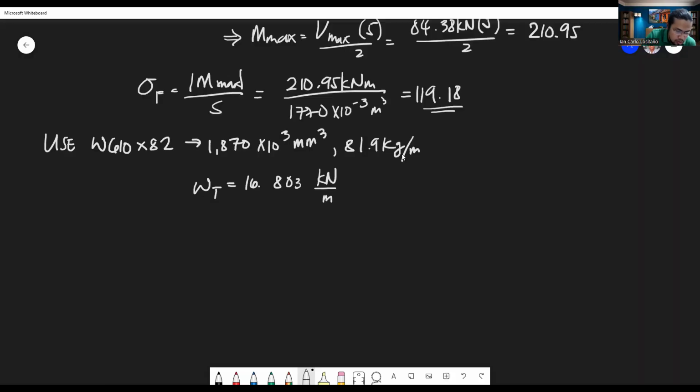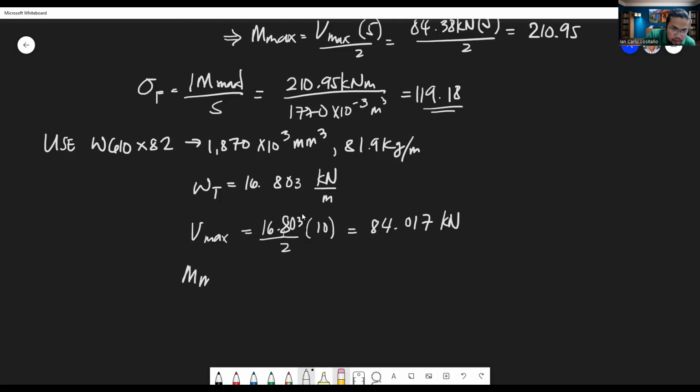All right, so we have our V. The V max is 16.803 divided by 2 times 10, which is 84.017 kilonewtons.